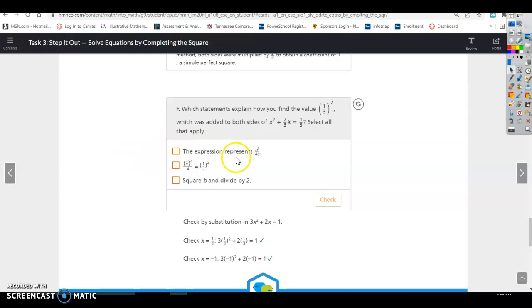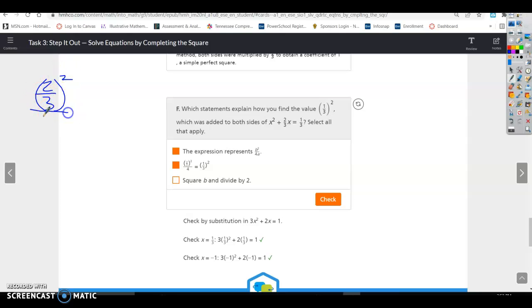So the expression represents b squared over 4a. So that is true. And then this equals this. So I did show you how that worked, but let's look at it again real quick. So we've got 2/3 squared over 4. 2/3 squared would be 4/9 divided by 4/1 because this is just a fraction.